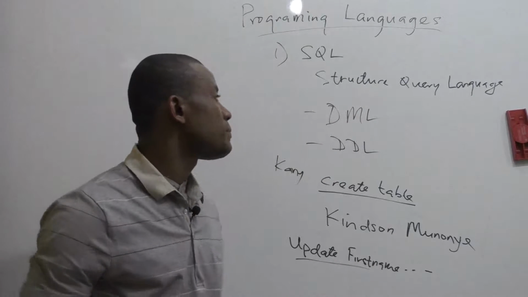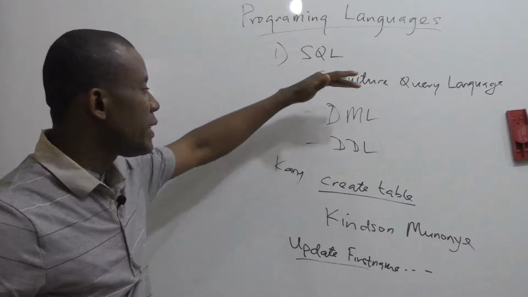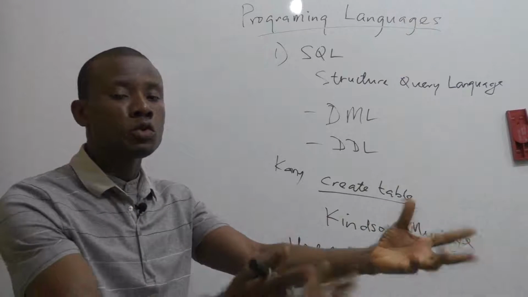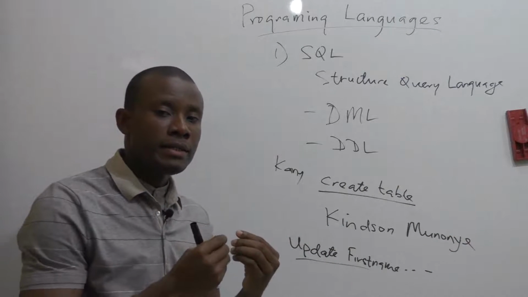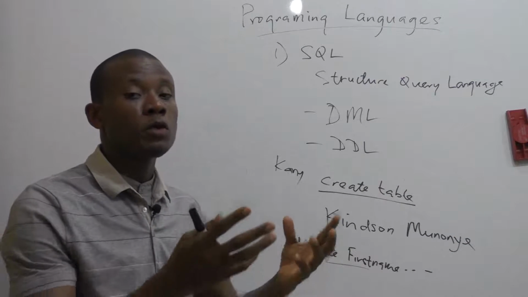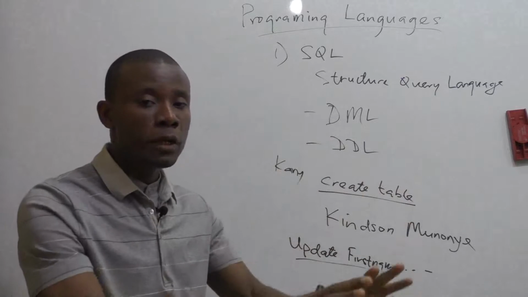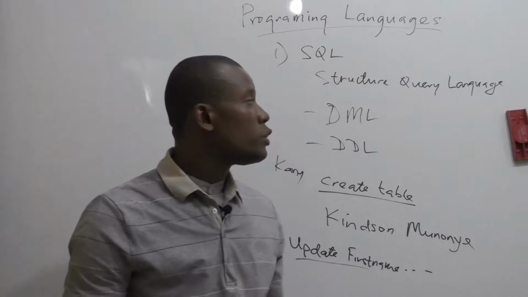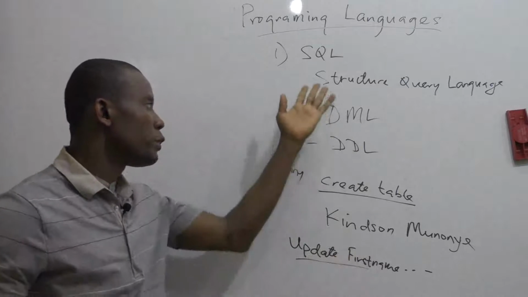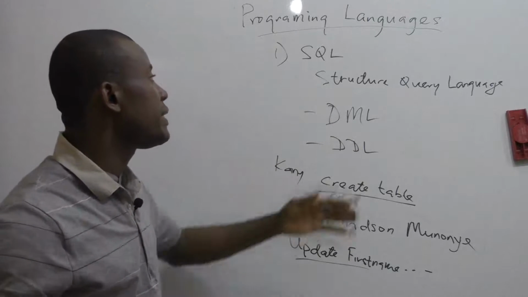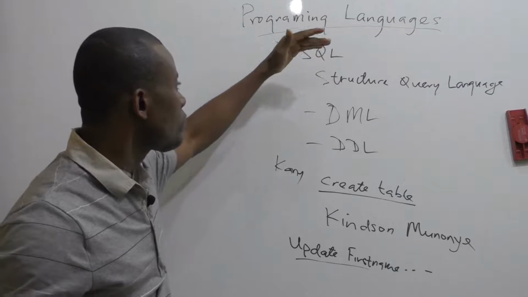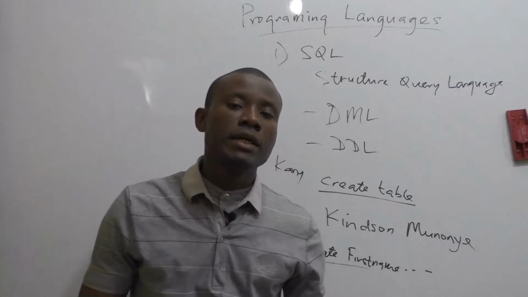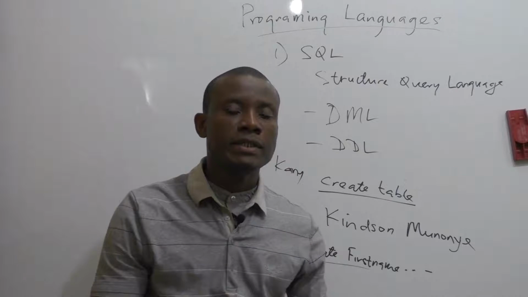The important thing is for you to manipulate data, for you to store data in the database and be able to retrieve that data back and use it, or maybe for you to make changes to data and save your changes back, you need SQL. So SQL is one of the most important programming languages. That is why I list this as the first one, a structured query language that is used to access the database and used to modify the database.